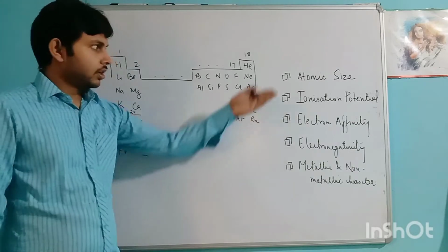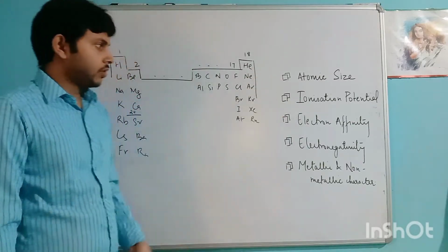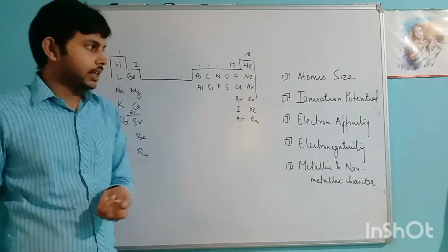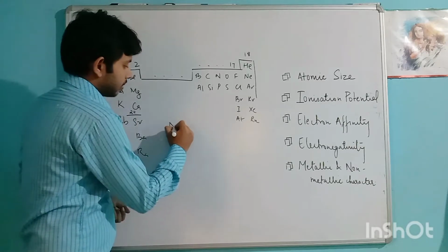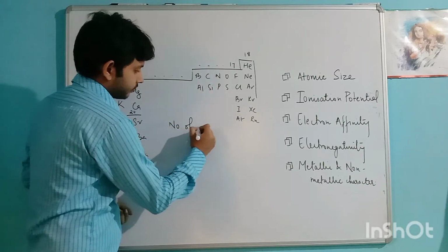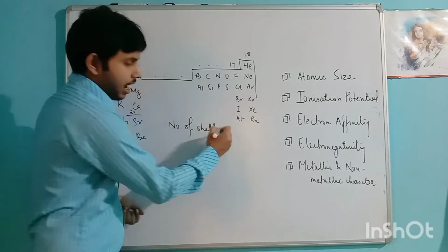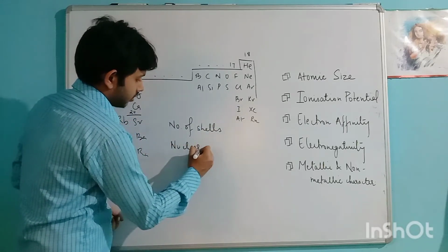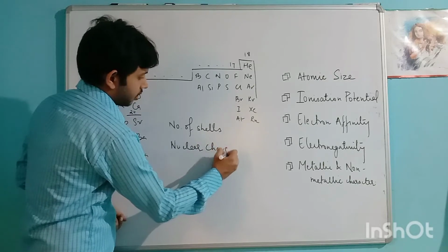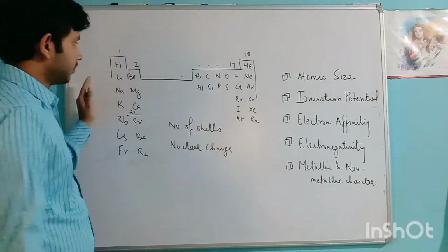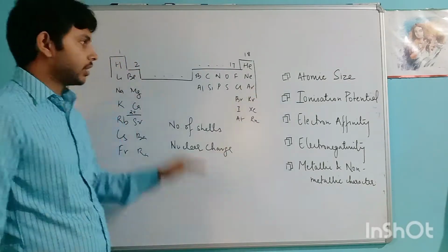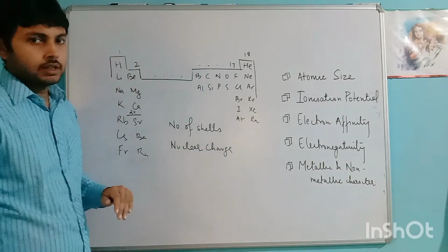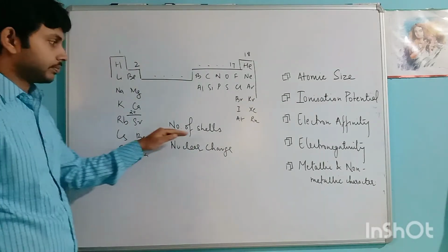Now, to know this property, you have to know about two things, that is number of shells and nuclear charge. How they vary from left to right of the periodic table, up to down of the periodic table.